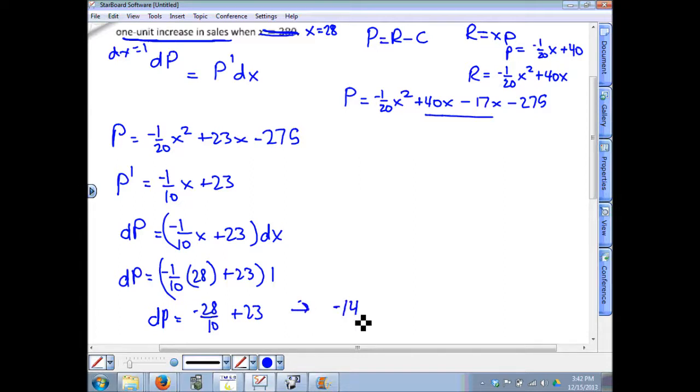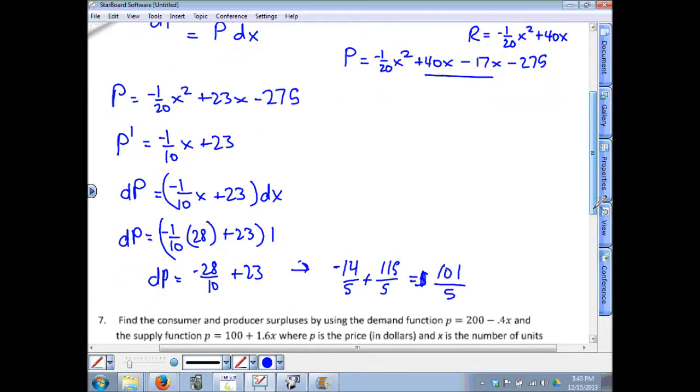So this becomes negative 14/5. And then 23 in terms of fifths is 115 fifths. So this is 101 over $5. That's the change in profit with a 1 unit increase in sales when x is equal to 28.